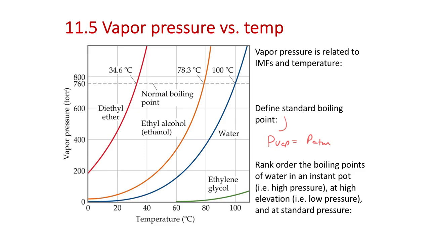So for our standard atmospheric pressure, 760, that's where we get our normal 100 degrees C boiling point for water. Now we lower the temperature, looking at vapor pressure versus temperature. If we lower the temperature, we're lowering the vapor pressure. At room temperature, we're somewhere around 25-ish millimeters of mercury, so really low vapor pressure for water.